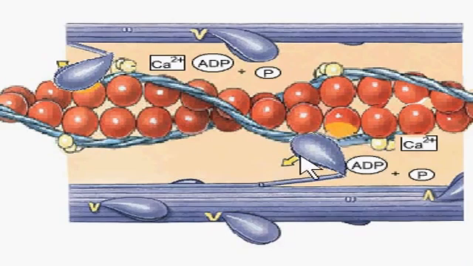Now obviously this looks tiny in terms of it's just one little unit doing this, but you imagine millions of these things happening at once, pulling the actin along, and so obviously that's how you create a contraction.